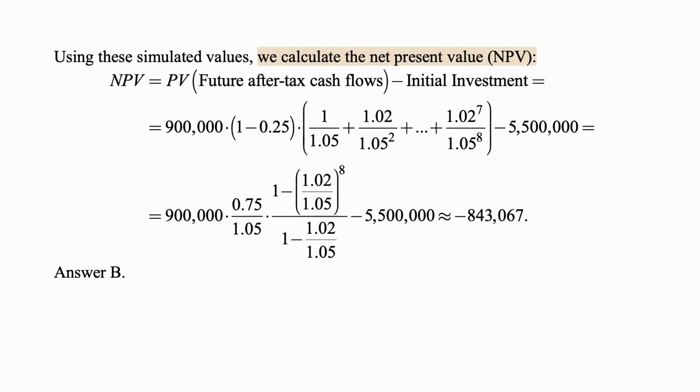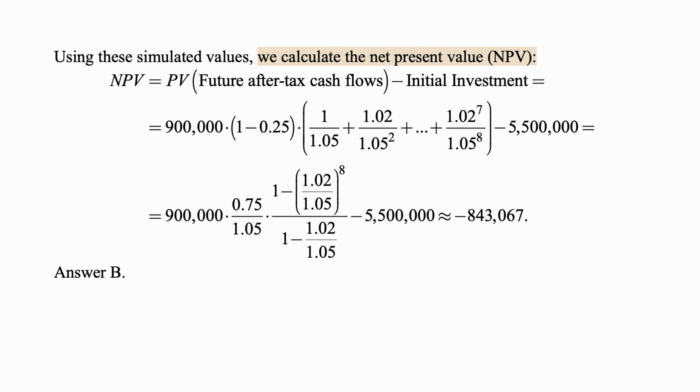Initial investment is 5,500,000. The cash flows after tax are after 25% tax, and they start out at 900,000. They grow 2%. We discount at 5%, the cost of capital. Then we take this 1 over 1.05 plus 1.02 over 1.05 squared and so on as a partial sum of a geometric series with a ratio of 1.02 over 1.05.